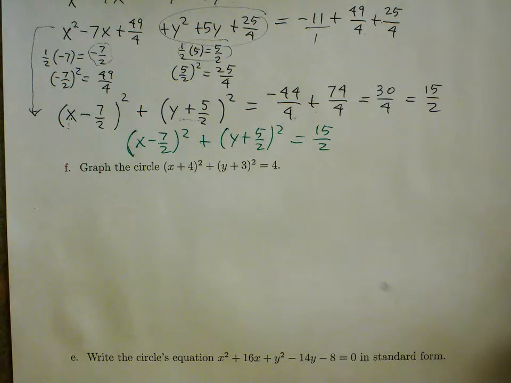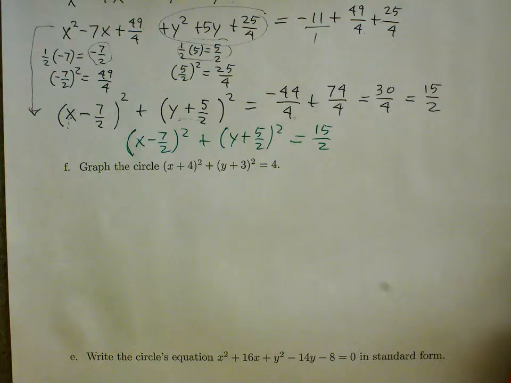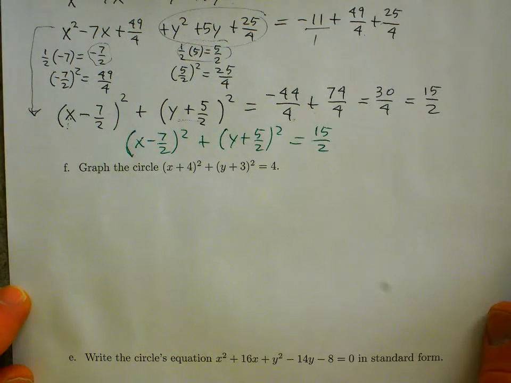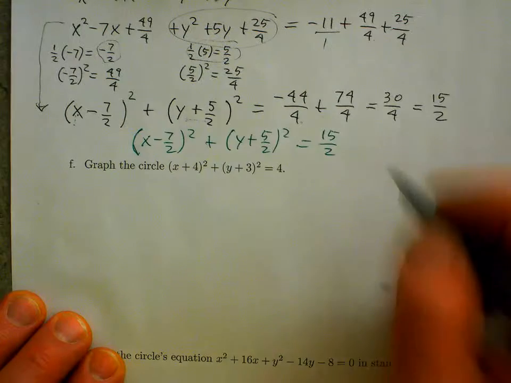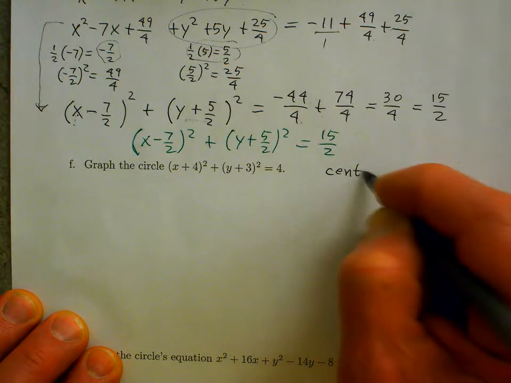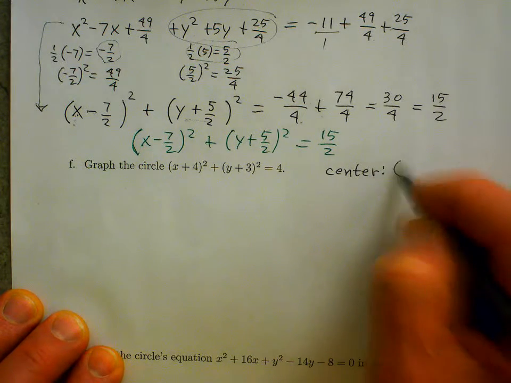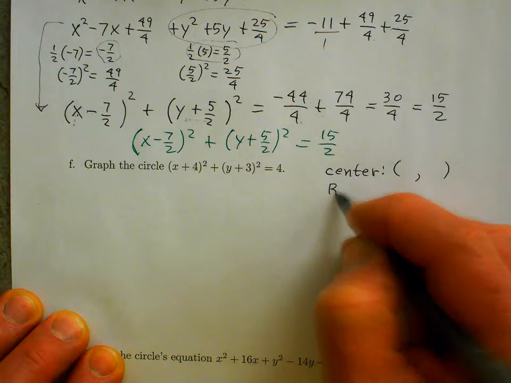Okay, the next one, graph the circle x plus 4 quantity squared plus y plus 3 quantity squared equals 4. So first, let's just identify the x and y coordinates of the center, and then also identify the radius.